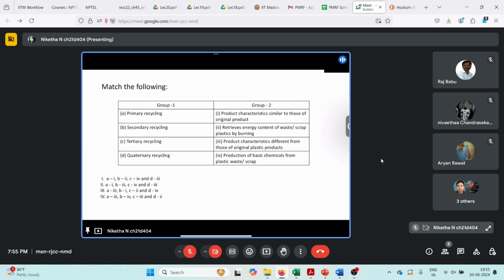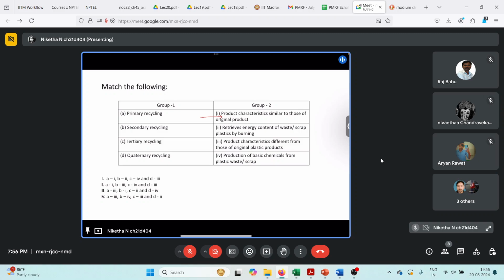In primary recycling, the product characteristics are similar to that of the original product, meaning that there won't be any change. So imagine if you have a wooden box. Once you are done and you throw it, you want to recycle it, you will just rearrange the wood pieces in a shape that you desire.